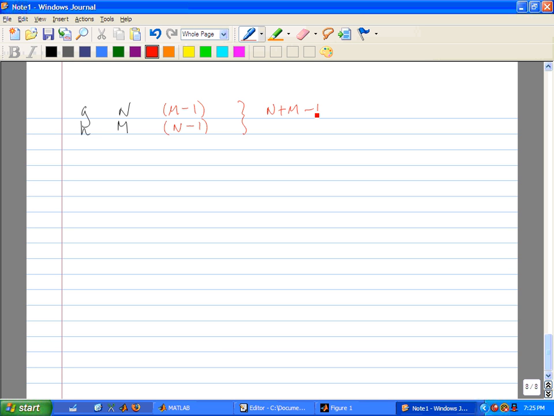Exactly. So now both of these will have the length of n plus m minus 1. Now, is this the only value that you could pad it to? Is there something magic about that number? It's the minimum. Could it be more? What would happen if you did more? Would you get the wrong answer?